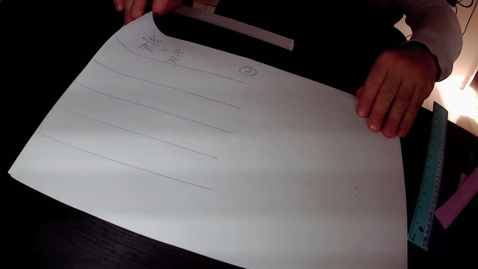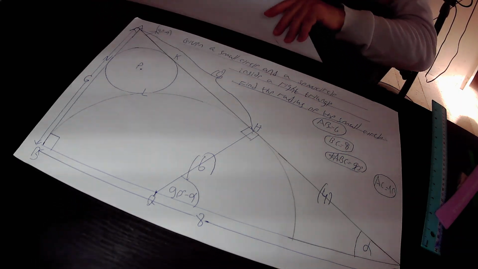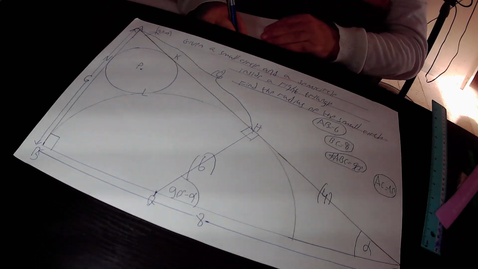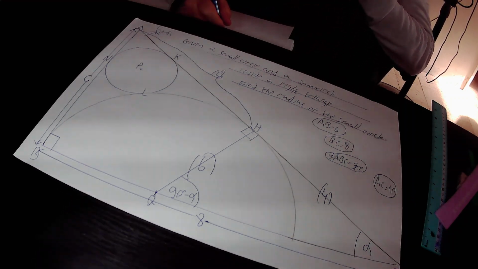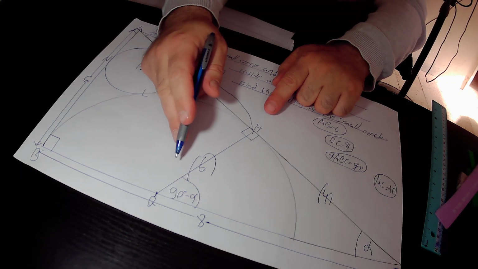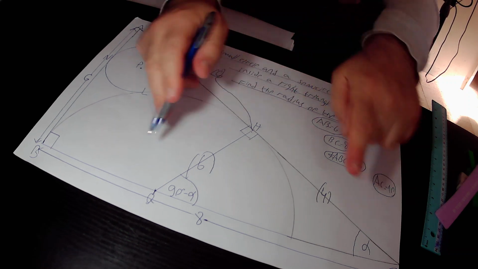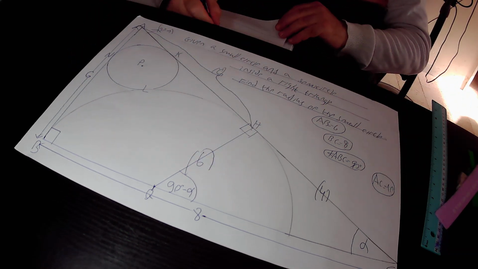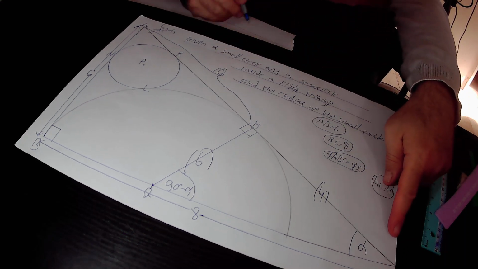AB is 6 over HQ. HQ is B, it is the radius of the big semicircle, and it is equal to BC. BC is 8 over HC. We already found out that HC equals 4.